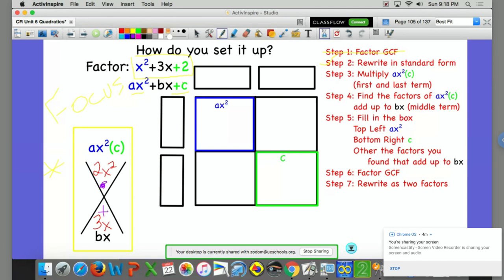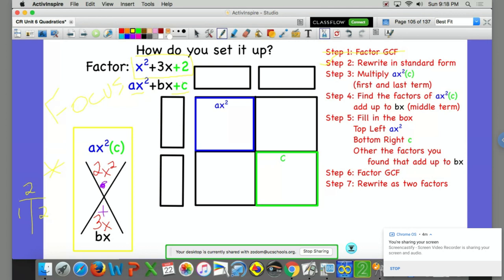So if you want to pause, make sure you have all that written out. Please do so. So now we've got to figure out, well, what will multiply to give us 2, but will add to give us 3. So going back to how we find the factors, what I like to do is take 2 and create your tree. Well, in this case, we only have 1 and 2.